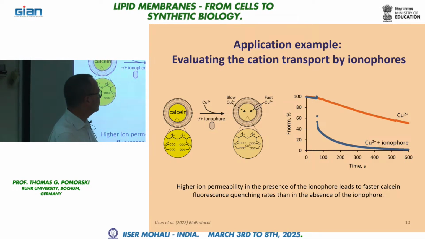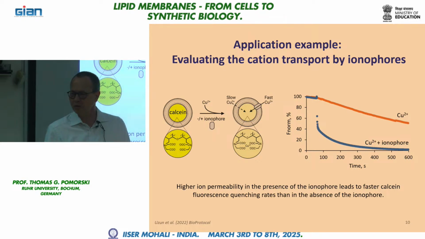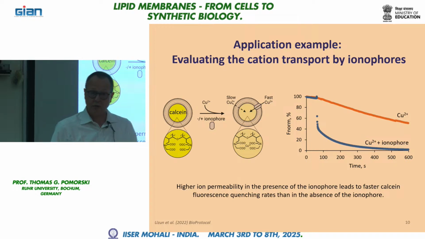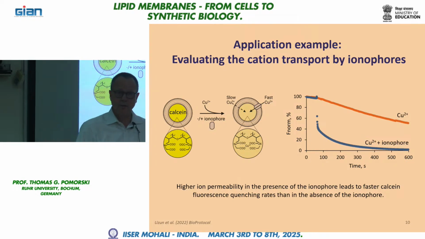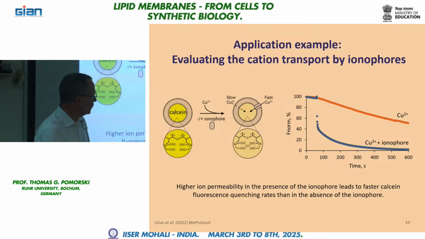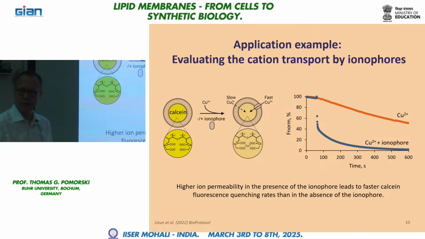This is a liposome with a very simple lipid composition, not a biological membrane, only one type of lipid. It is resistant in a way, but it has permeability to potassium. Slow, but it is there.